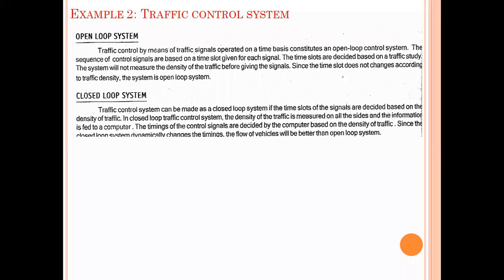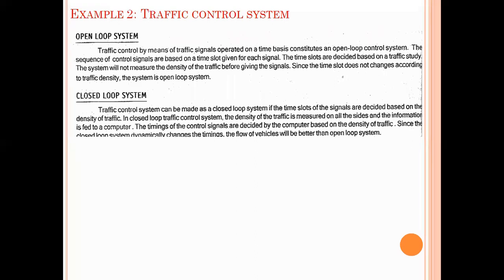But what about the closed loop system traffic control? See, for the closed loop system, we will have an element connected in the feedback. That element analyzes or calculates the traffic density in each and every junction or each and every road. We have 4 ways or 4 directions, right?